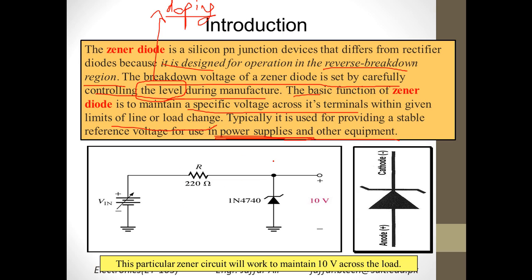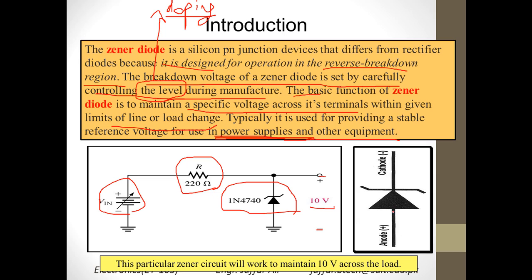This is the basic circuit diagram of a Zener diode. A particular Zener diode circuit will be working on 10 volts across the load. This is your Zener, this is your load, this R is basically your resistance, and this is your voltage supply. From here you can easily get the 10 volts, and you can connect it to the load.